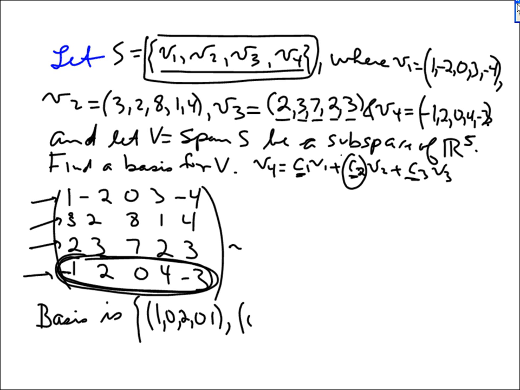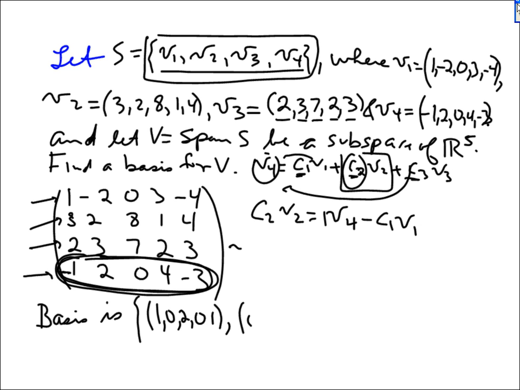So solving for C2V2, we have V4, bring this over, minus C1V1, bring this over, minus C3V3, and since C2 is not 0, I can divide by C2.